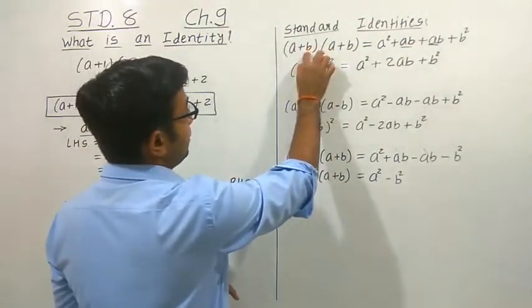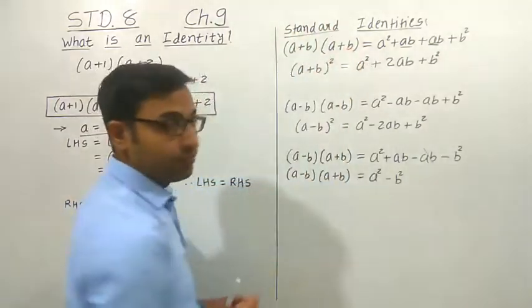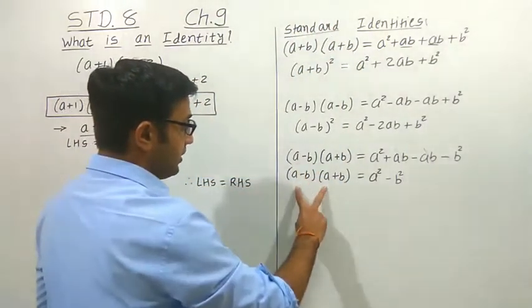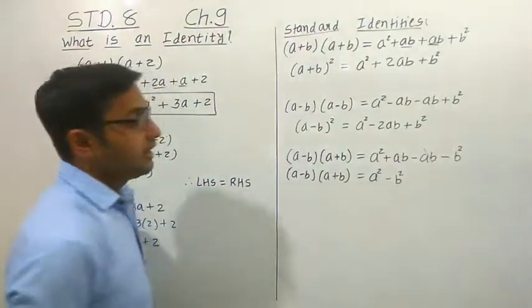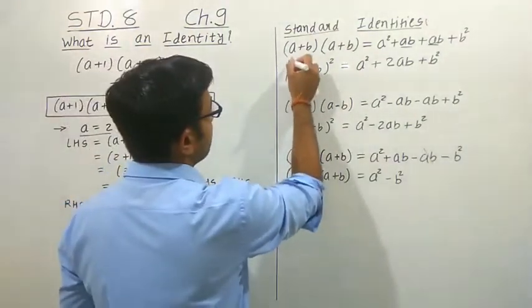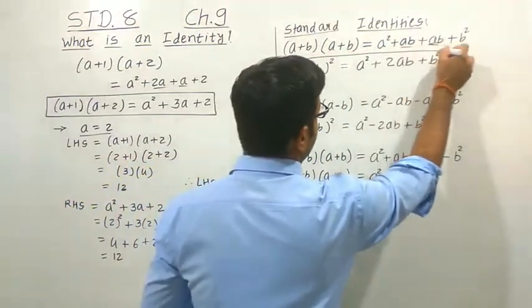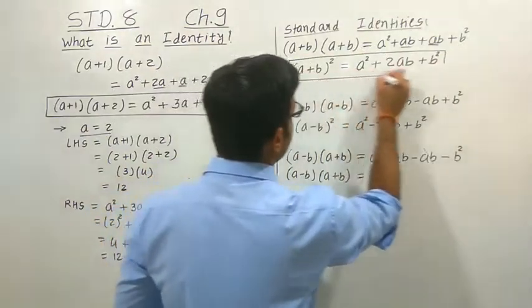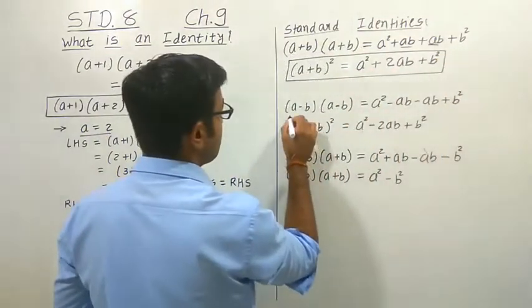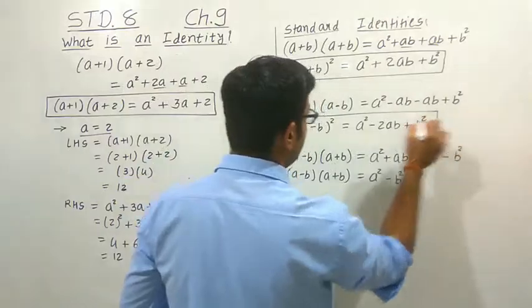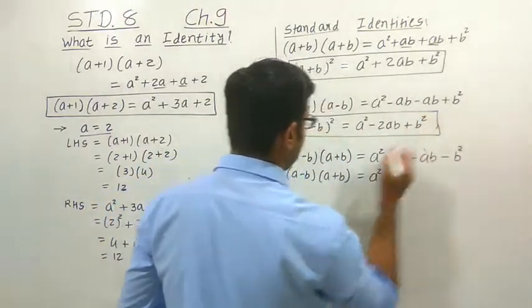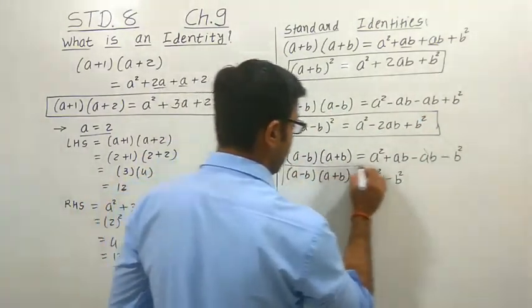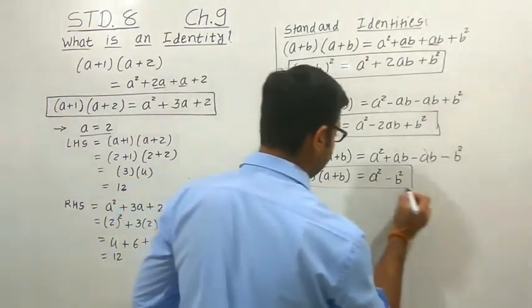Whatever the second value here is, must be the second value. Right? That thing is applicable in all these three identities. Right? So this is our standard identity number 1, this is our standard identity number 2, and this is our standard identity number 3.